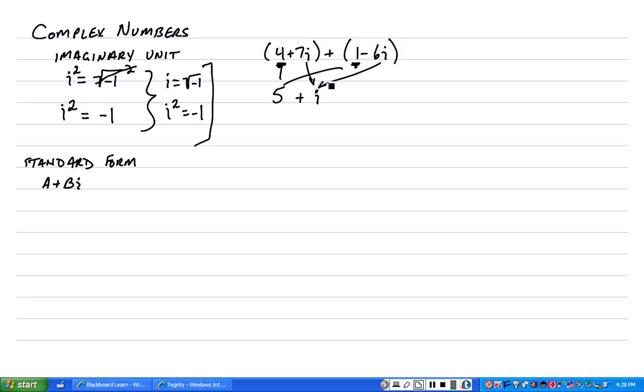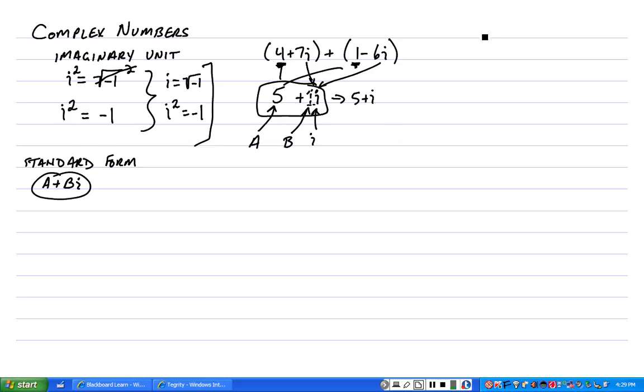So this is your answer. 5 would be your a because we're putting it in standard form, and your b in this case, since you don't see a number, would be understanding that there's a 1 right there in front of the i. So a plus bi, there's your answer: 5 + i.